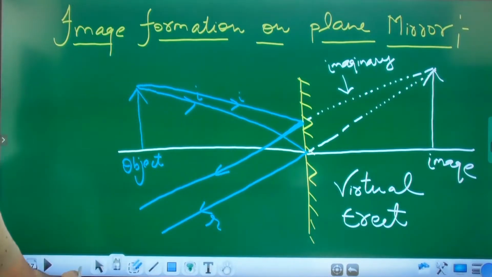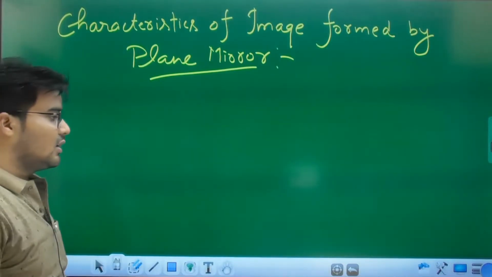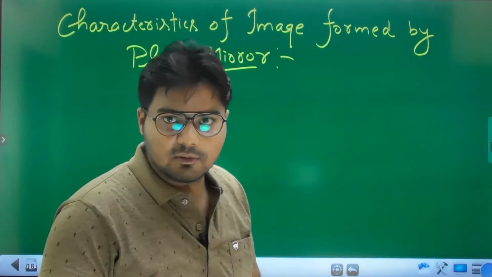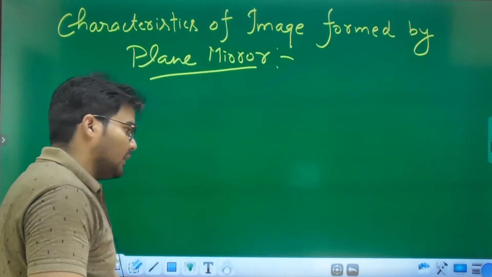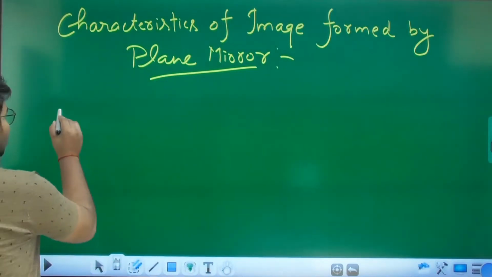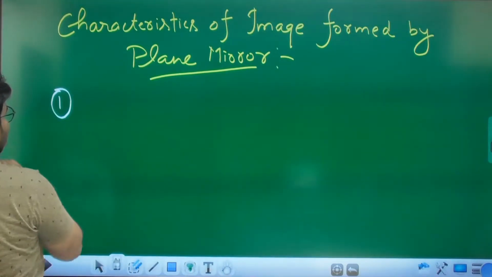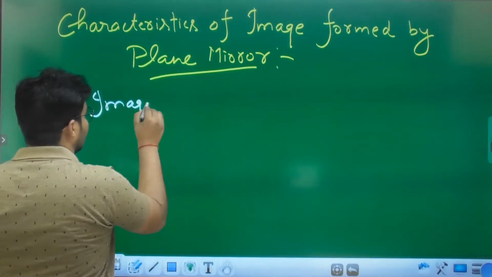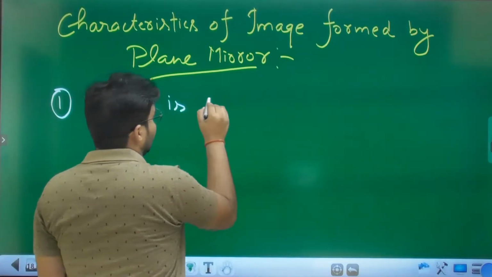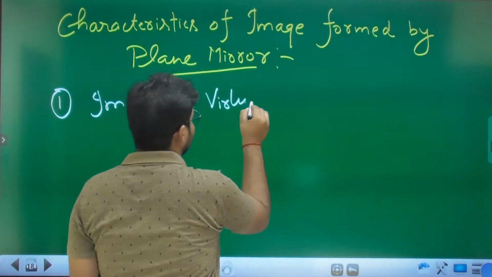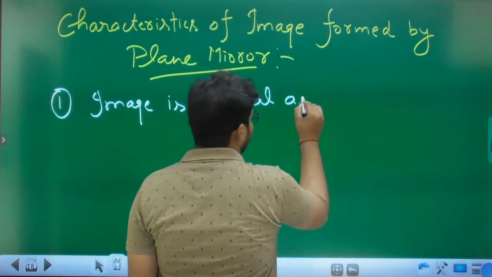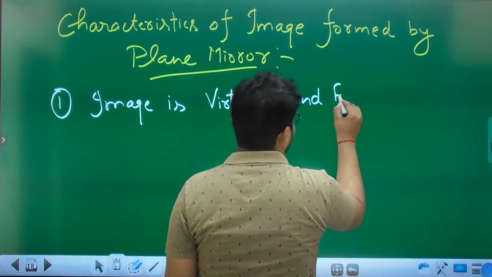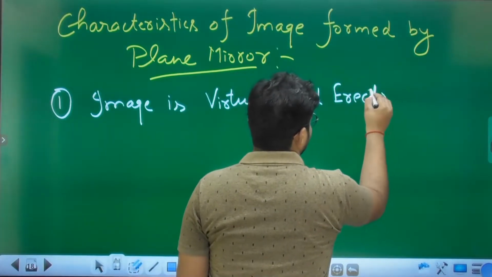Let us see the next slide. So what are the characteristics of the images formed by a plane mirror? First, the image is virtual and erect. Clear?